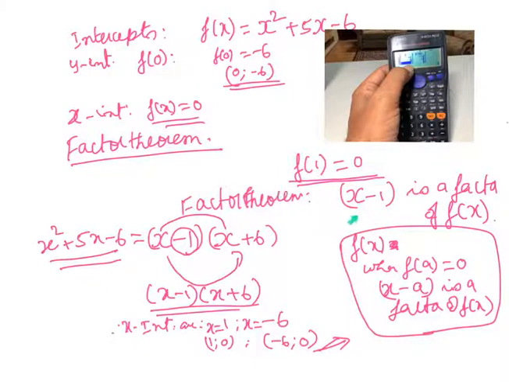Let's understand this once again. When f of a is equal to 0 for a given polynomial f of x, then x minus a is a factor; I change the sign of a. Then we also call a a zero of the polynomial f of x. So we have different names for this particular a.